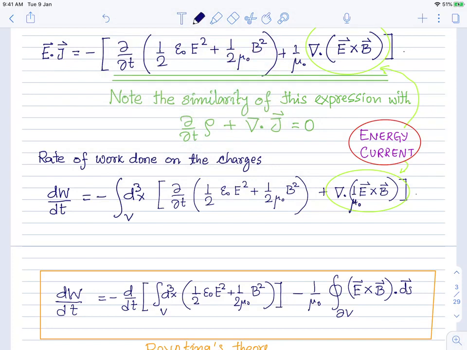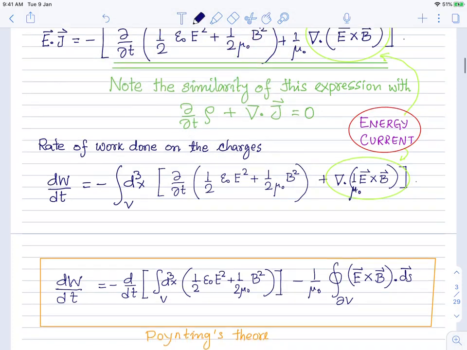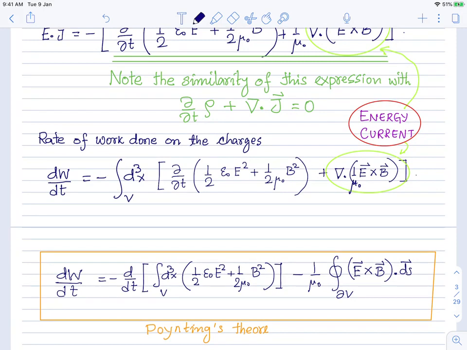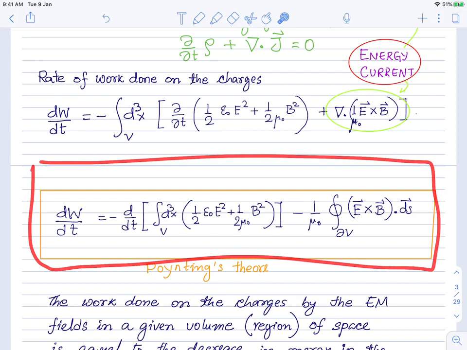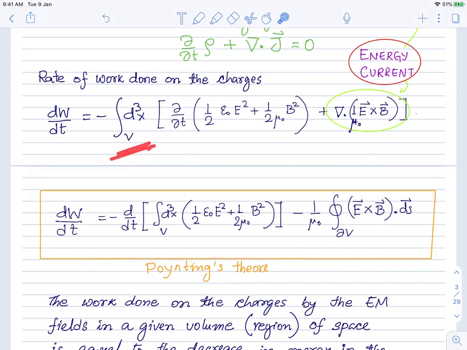So good. Now, as I said, this expression here is known as the Poynting theorem.